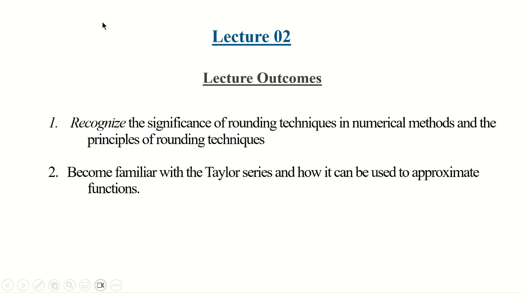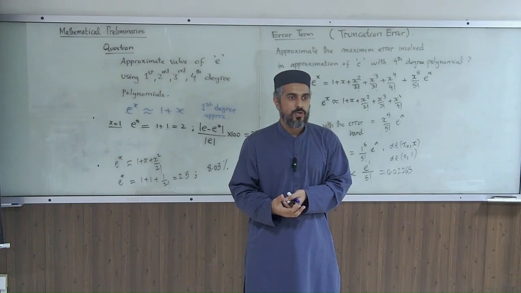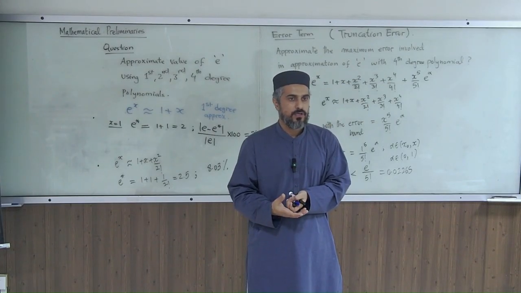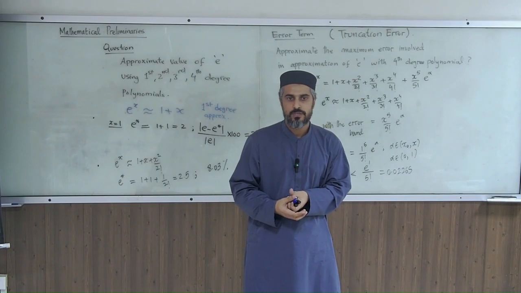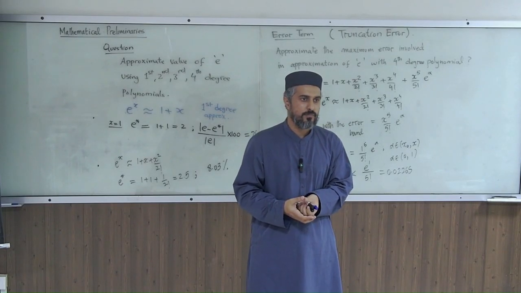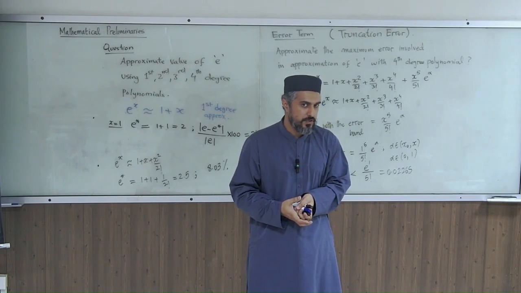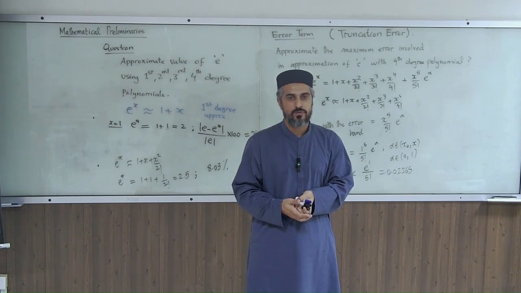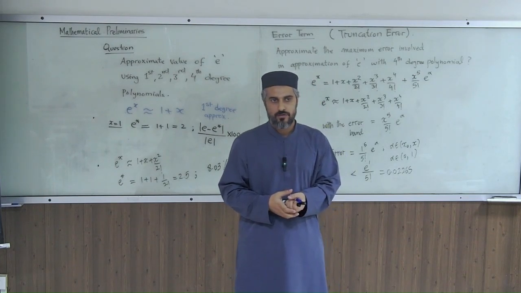And the second thing is the Taylor series, and in the Taylor series we saw how to convert any function into the polynomial form, how we can approximate through it, and that the error associated with the Taylor series is the truncation error. In the coming lecture, we will go into the intermediate value theorem, which will help us in going to our topic number 1, which is the solution of the one variable equation. Okay, thank you so much.